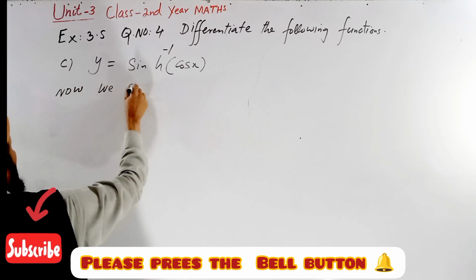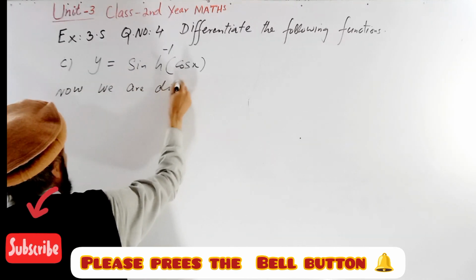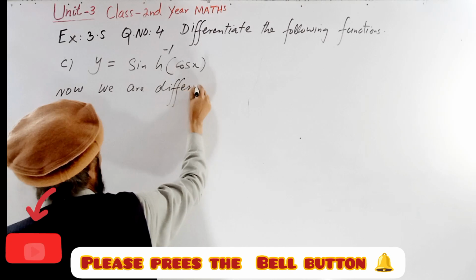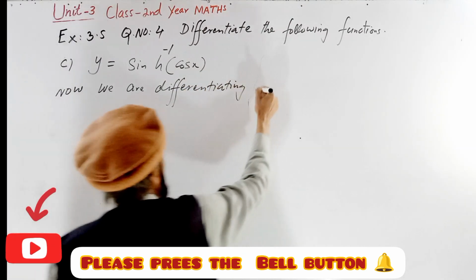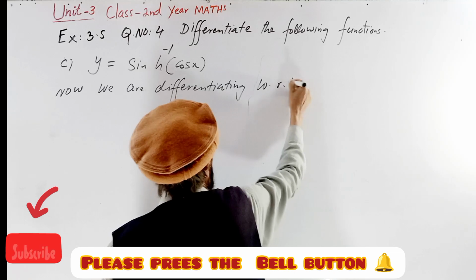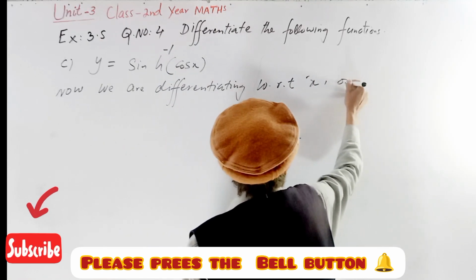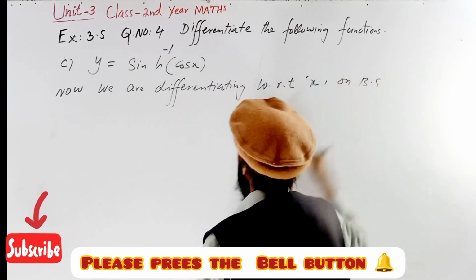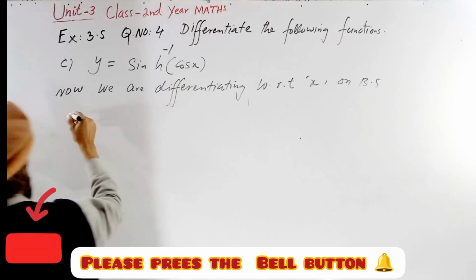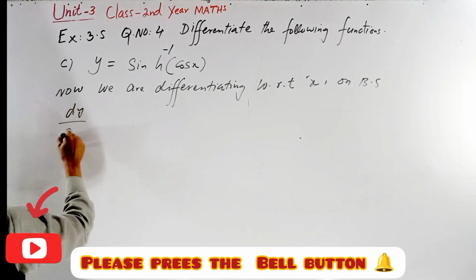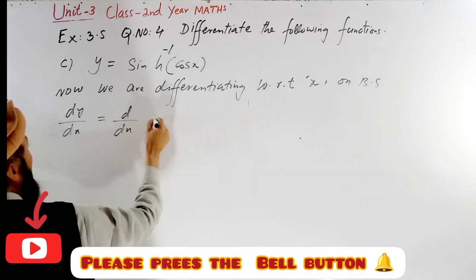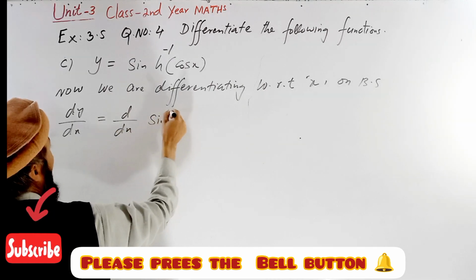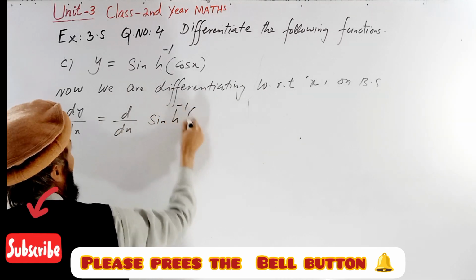We are differentiating with respect to x on both sides of this equation. We write dy by dx is equal to d by dx of sinh inverse of cos x.